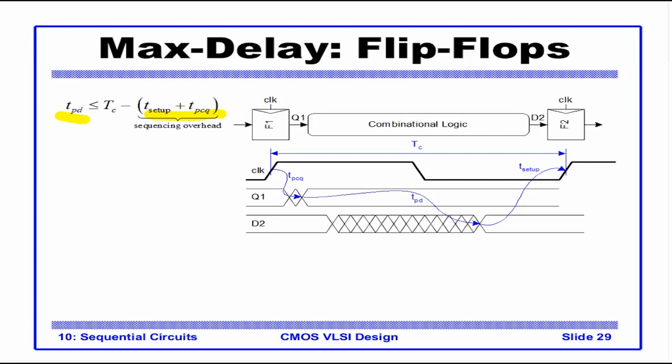Now we see that the T setup and TPCQ are only there because we added sequential elements here, flip-flop 1 and flip-flop 2. So we say that we are adding a sequencing overhead of T setup plus TPCQ.